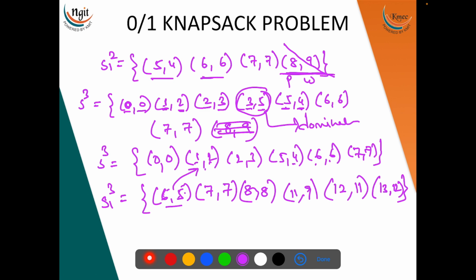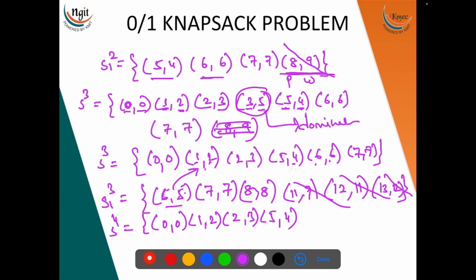Now very interestingly, whichever item goes beyond the bag capacity, all of that will get cancelled, we will not take those values. So finally, our S4 set is what? Our S4 set is equal to 0 comma 0, 1 comma 2, 2 comma 3, 5 comma 4, and so on. Look at this.